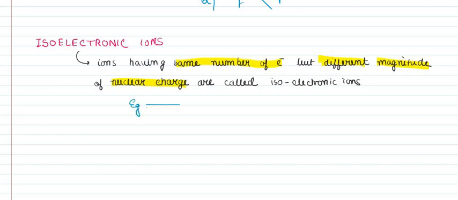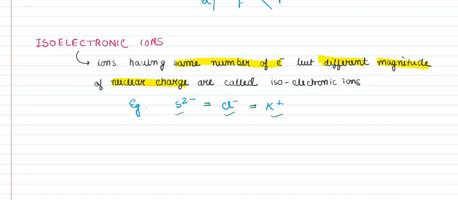For example, S2 minus, Cl minus, K plus. If you look at the number of electrons here, you will see they are the same, but as these elements are different, the nuclear charge is different.